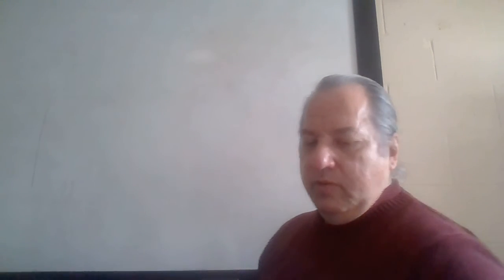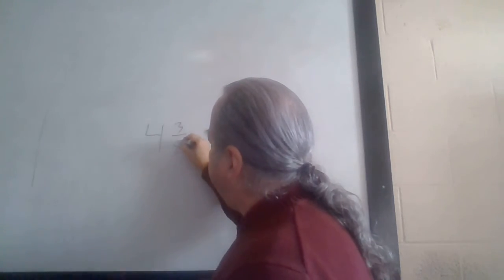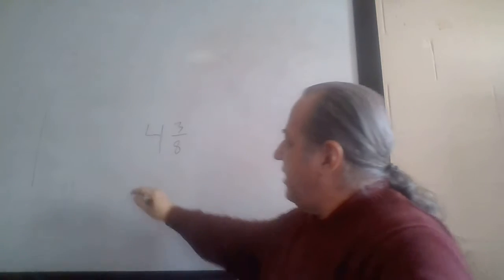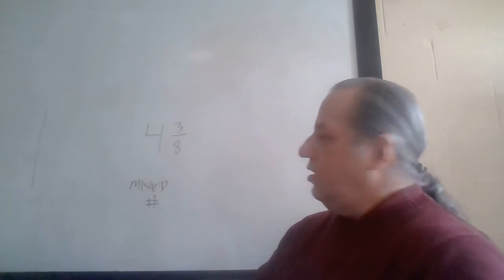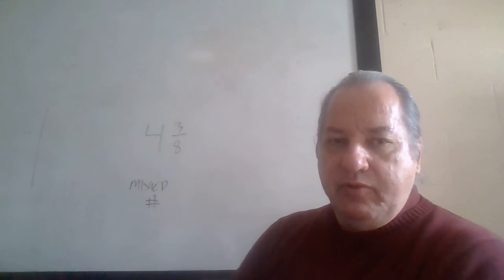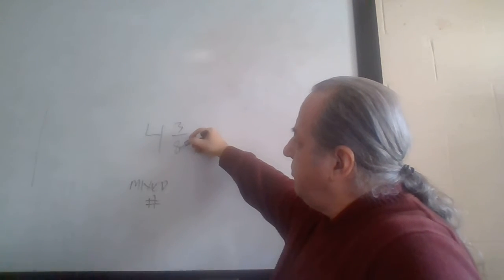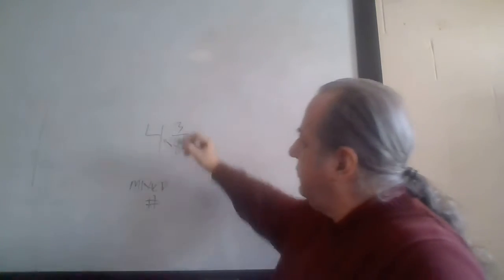So, first thing we're going to do is take a mixed number, 4 3/8 in this case. It's a mixed number because it has a whole number and a fraction. And we're going to change that into an improper fraction. The way we do that is pretty straightforward. We simply multiply the denominator times the whole number.